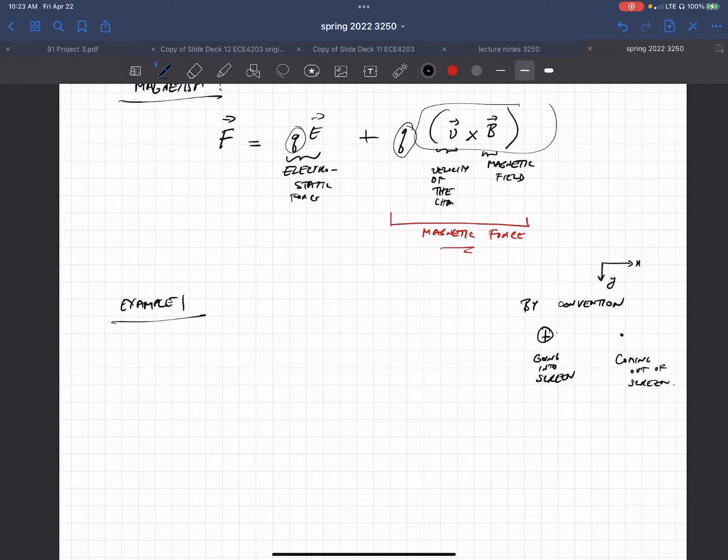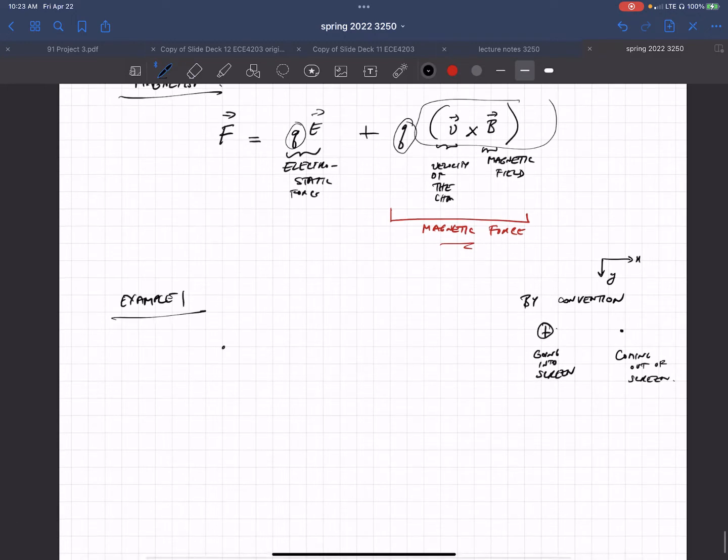So let's say you have a magnetic field. Let's say we have an area with a distributed magnetic field. I'll draw a bunch of dots, coming out of the screen. So the magnetic field direction is coming out of the screen, a B vector coming out of the screen.